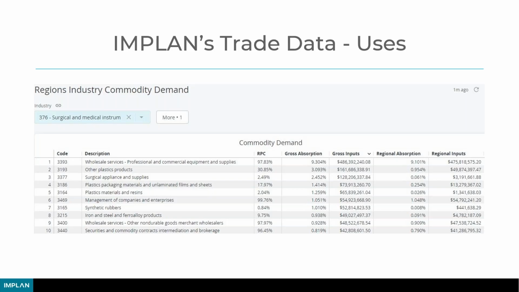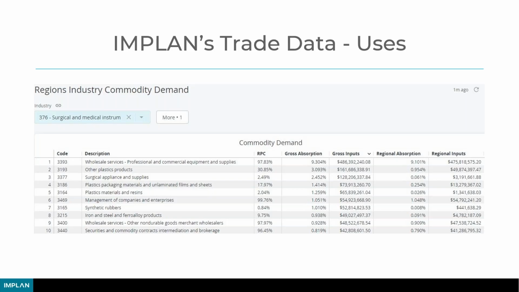So a large expenditure is on wholesale services for commercial equipment and supplies. Almost all of that is sourced within the region of interest. So a very high RPC. Not much is being shipped in from outside of Minnesota, which is not particularly surprising. We can also see some goods that are not produced locally.